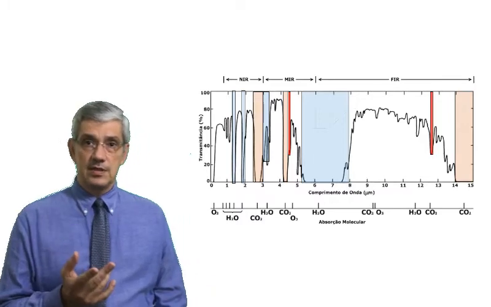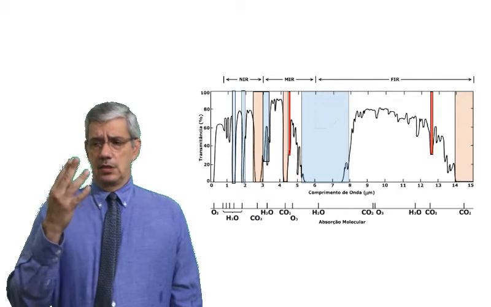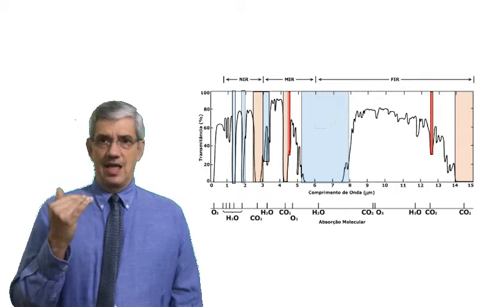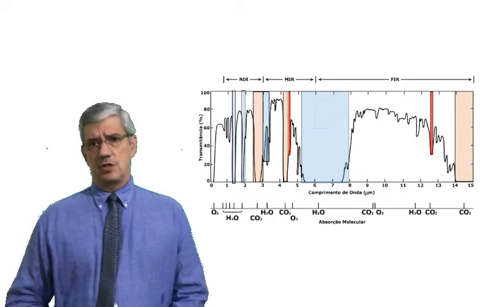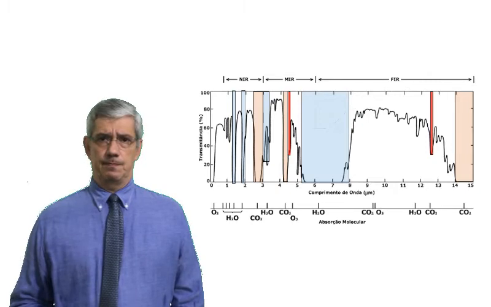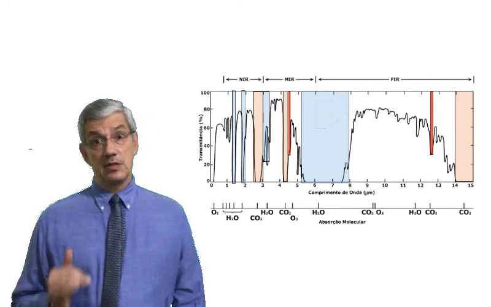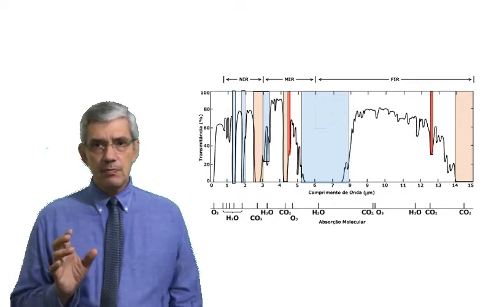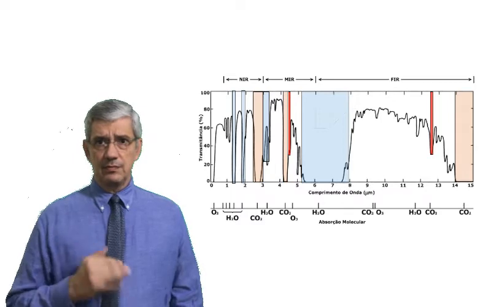So what is the difference? As you can see in the picture, in the orange ranges the absorption is 100%. And in the red ranges, it's not 100%, it's less than that. Why is it important to make this difference?